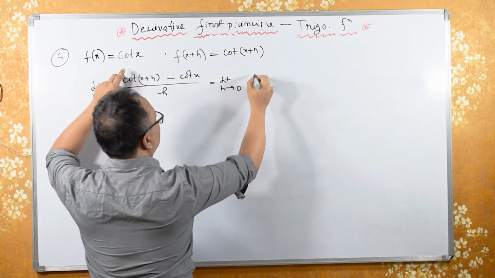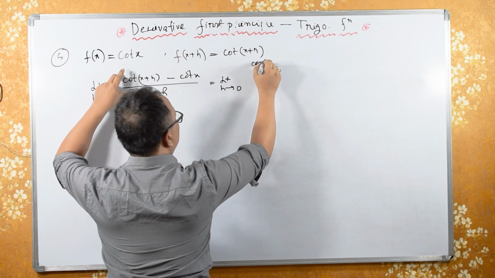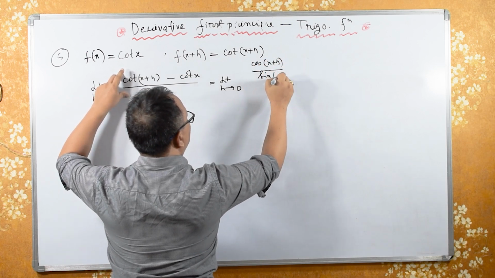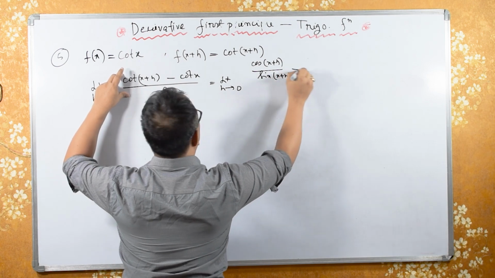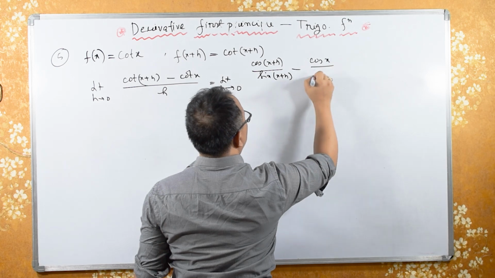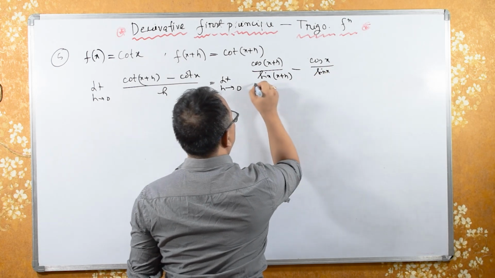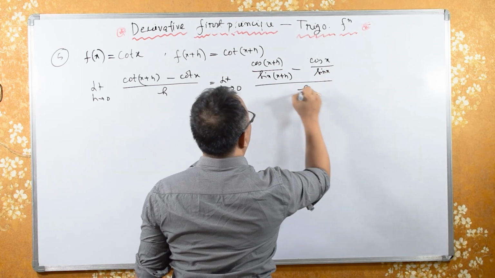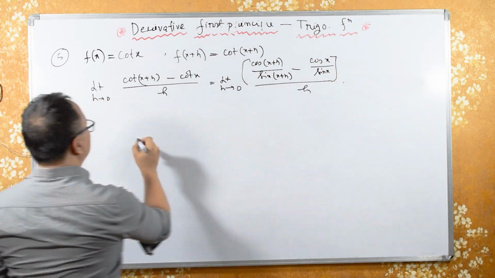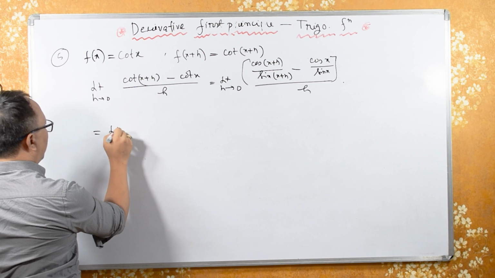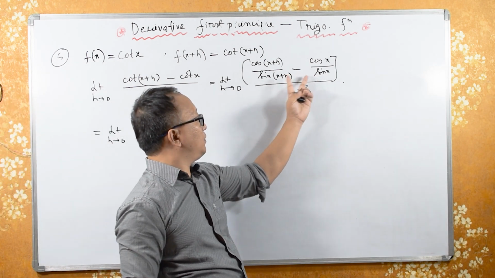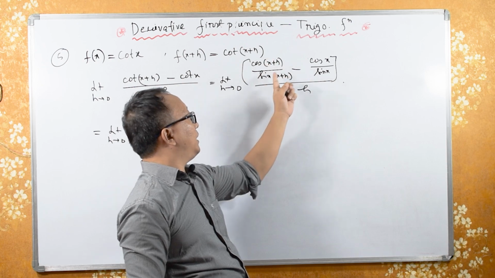So converting to cos by sine, cos of x plus h upon sine of x plus h, minus, similarly, cos of x upon sine of x, upon h. Now by taking LCM, limit of h tends to 0.